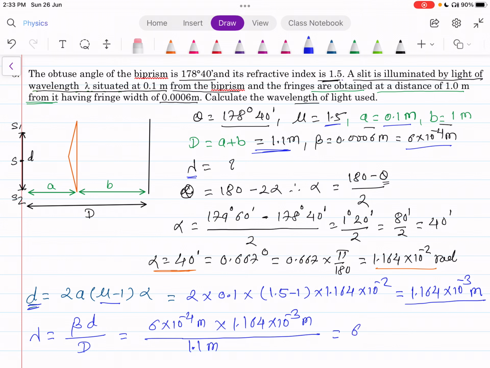That is equal to 6.35 into 10 raised to minus 7 meter, or 635 nanometer, is the wavelength.